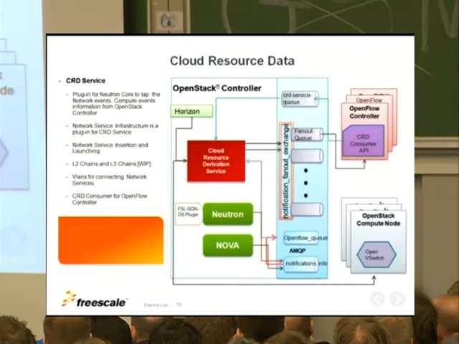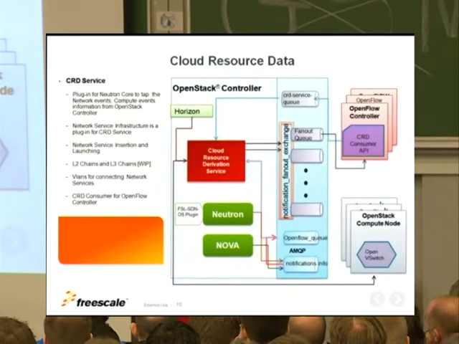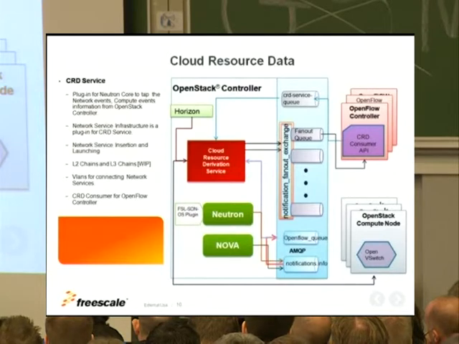Then, if you see in the picture, we have the OpenFlow controller, and another component called CRD consumer, which is required for capturing the data generated from the OpenStack controller to the OpenFlow controller. And we have the different compute nodes connected to the OpenStack controller using Open vSwitch.